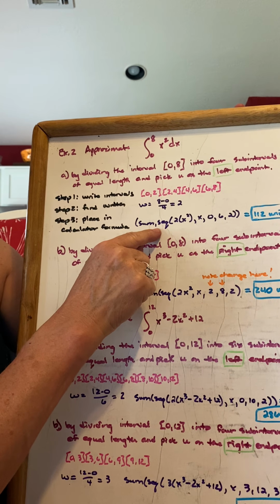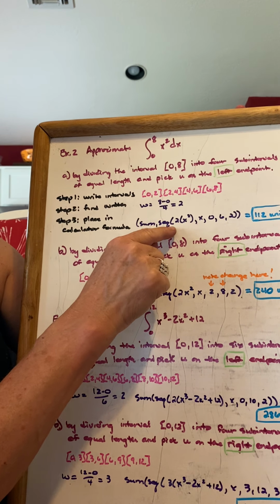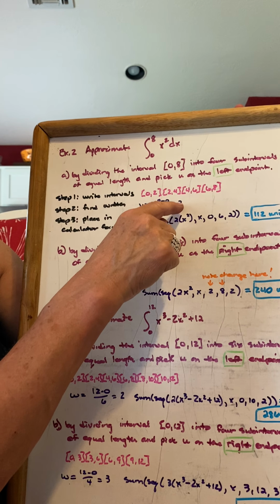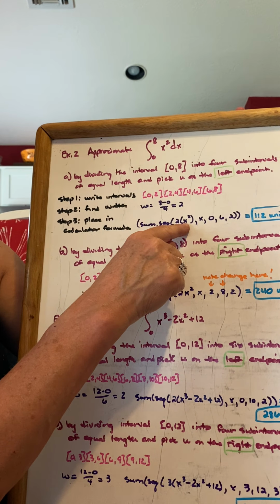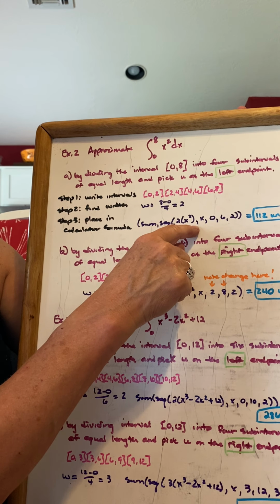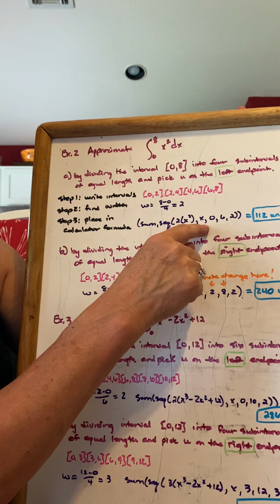Sum, sequence, oops, that should have been a parentheses, 2, because 2 is the width, times the equation, x squared, unparentheses, comma, x, comma.